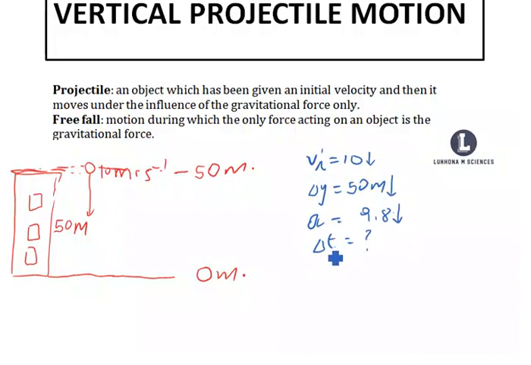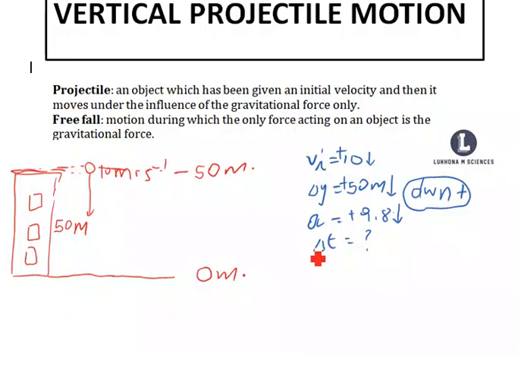So we have 4 pieces of data, which means you can choose the formula. Since everything is directed down, let's take down as positive. Downwards must be positive, meaning this one is down positive, this one is down positive, this one is down positive, right?